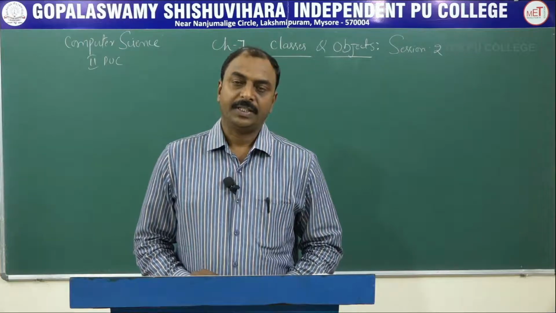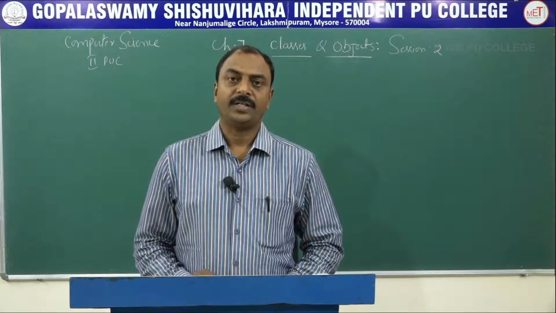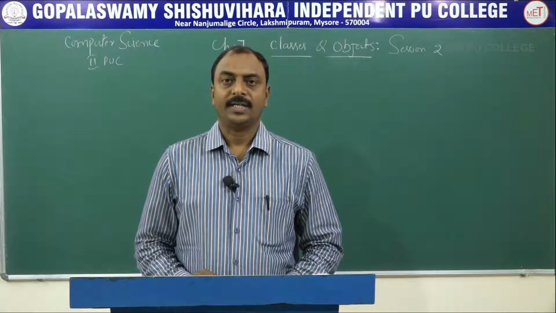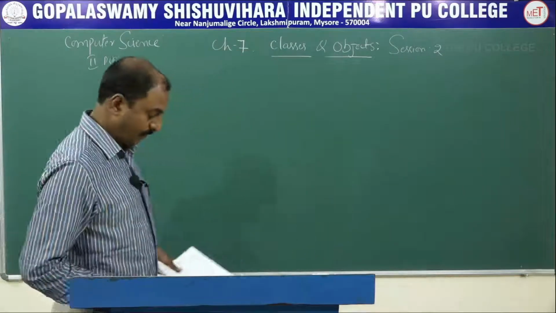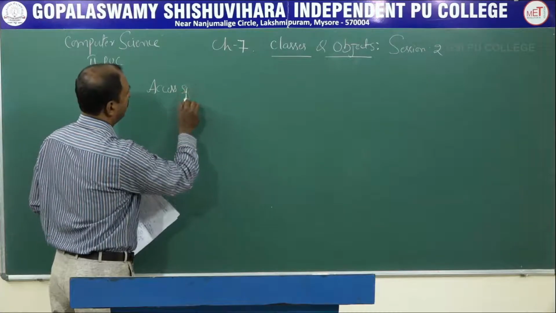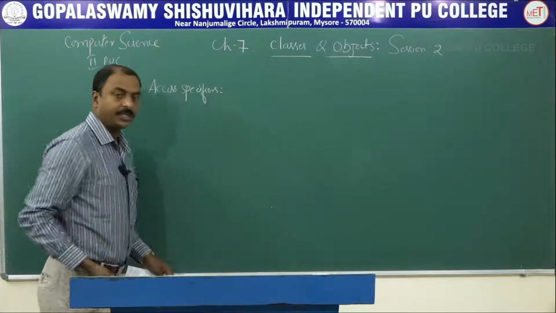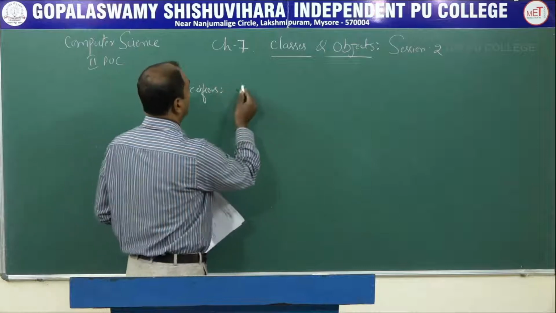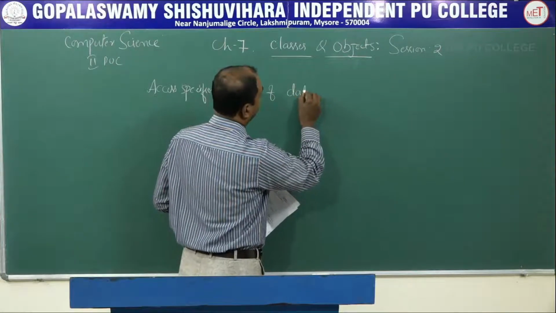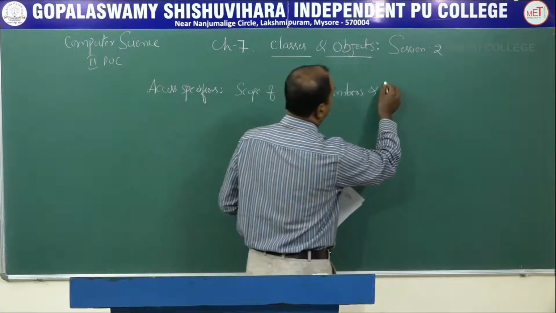So here these data members and member functions can be declared or defined under three levels of access specifiers. Now let me give the definition of these three access specifiers. As I told you yesterday, these access specifiers give the scope of data members and member methods.